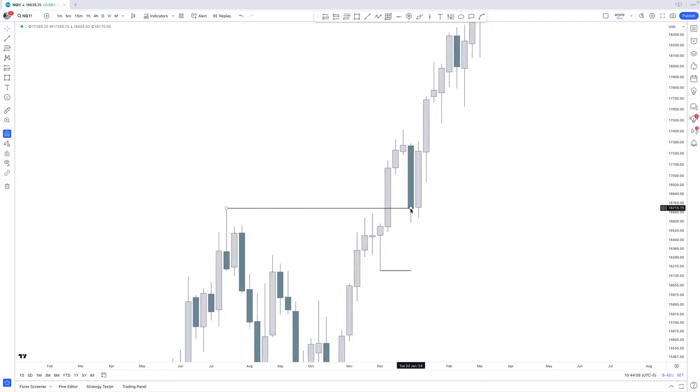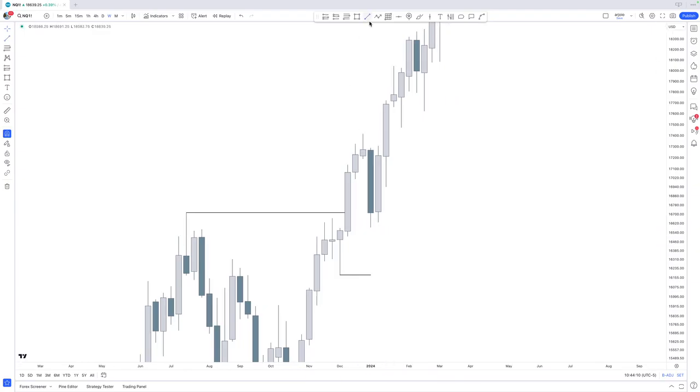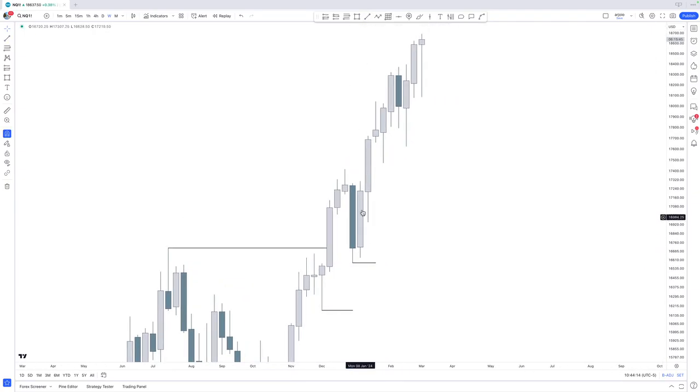For example, once we continue higher off of this, we have this swing low being created and that fair value gap being created as well. This creates, again, a new order flow leg. But it's important to understand that this is the area that we are looking to trade off of.